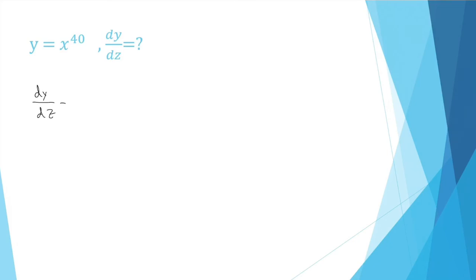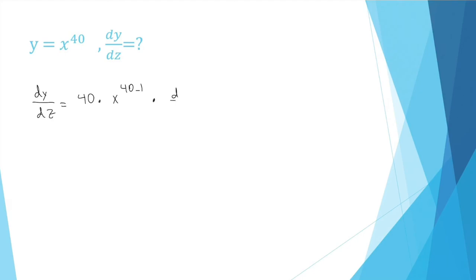And according to the power rule, we move the 40 or the exponent in the front, reduce 1 from the exponent with whatever we had. So if we had a happy face instead of this x, we would write it as happy face to the power of 40 minus 1.